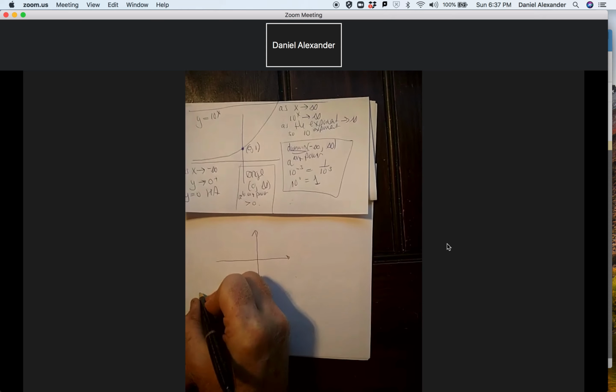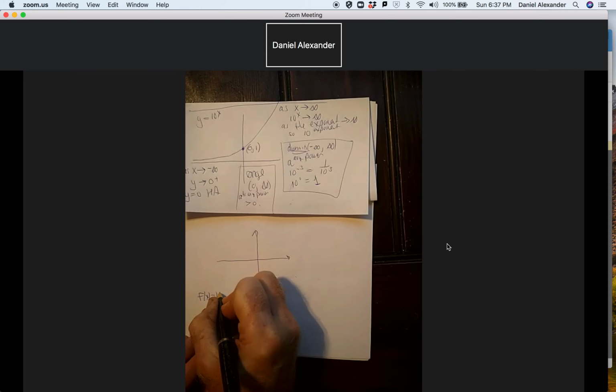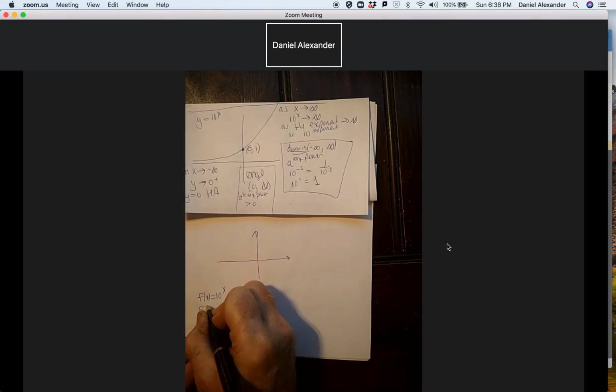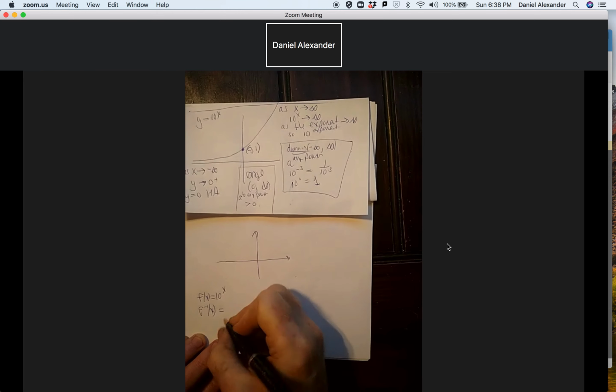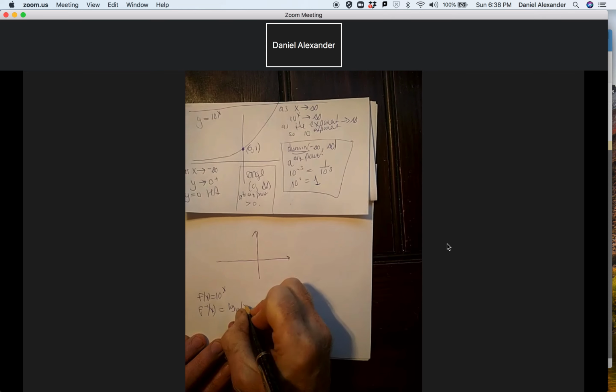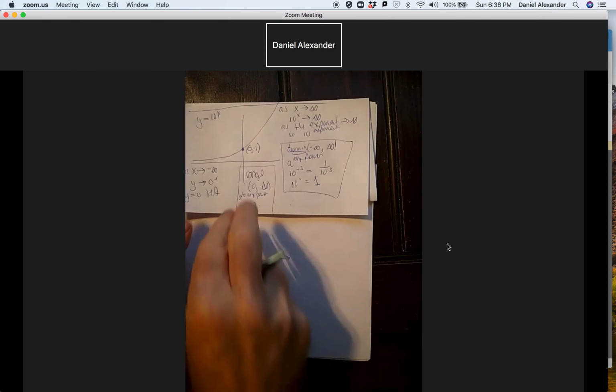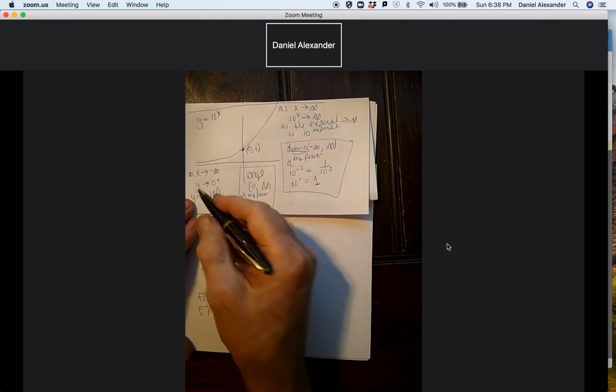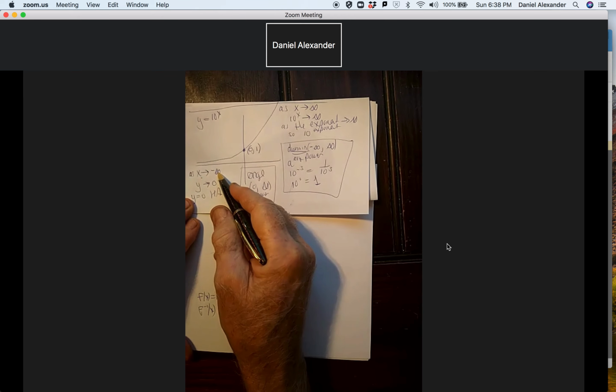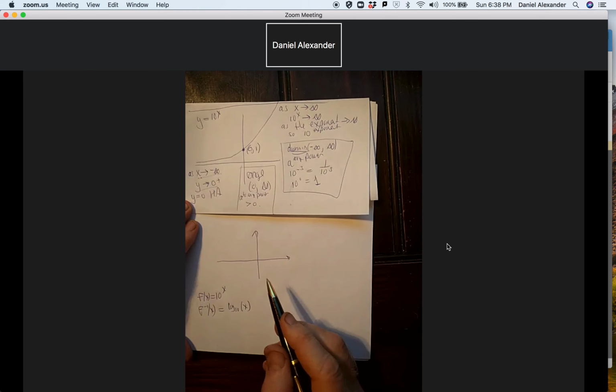And remember, if f of x equals 10 to the x, f inverse of x is going to be the log base 10 of x. What I'm saying here is that as x goes to minus infinity, in other words, as the exponent goes to minus infinity, the base goes to 0.